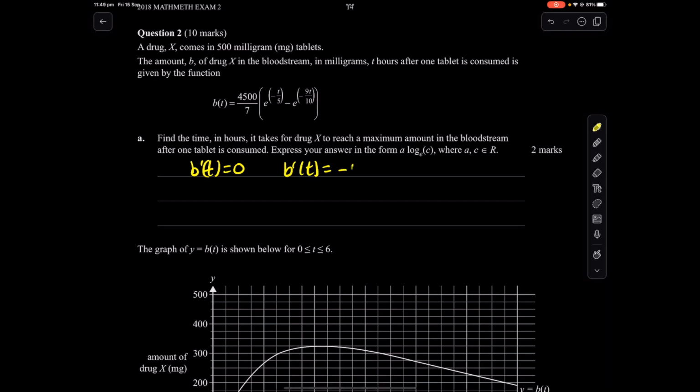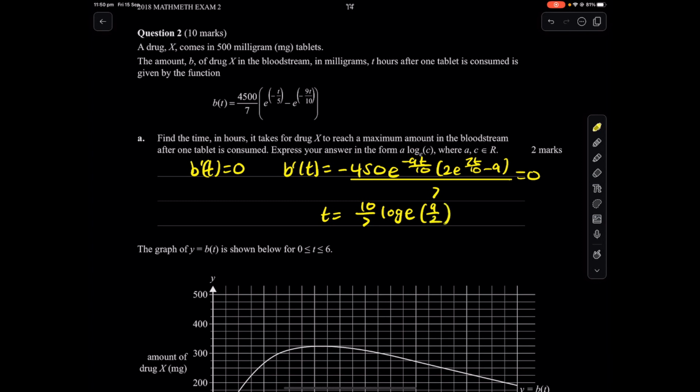So we're saying negative 450 e to the negative 9t on 10, 2e to the 7t on 10 minus 9 all over 7 equals 0. So t must equal 10 on 7 log e 9 on 2.